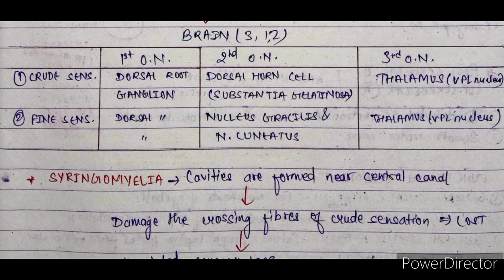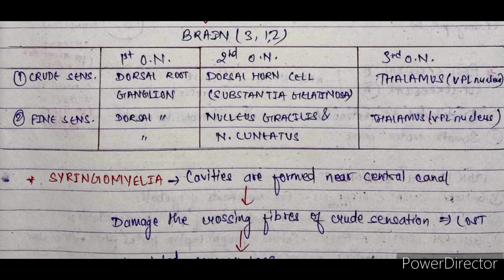Now let us see this table which is very important. So the sensations that travel from our skin towards the area 3, 1, 2 of the brain have respective checkpoints known as first order, second order and third order neurons.